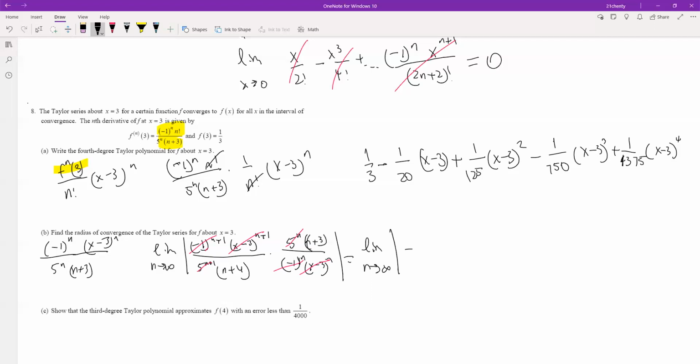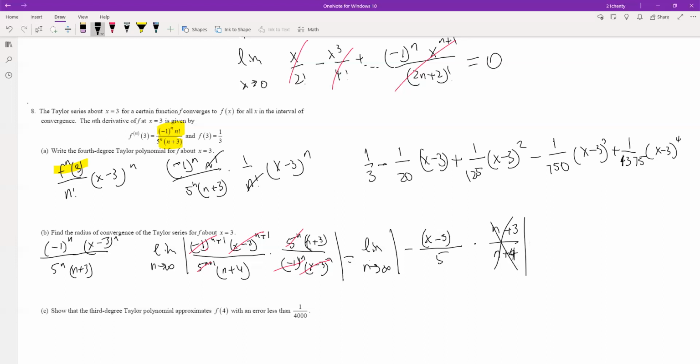But I'll just write it there. That's the leftover negative 1 that we have. And then we have x minus 3 divided by 5. And then we have the n plus 3 over n plus 4. And so since we're taking the limit as n approaches infinity, these just cancel out.